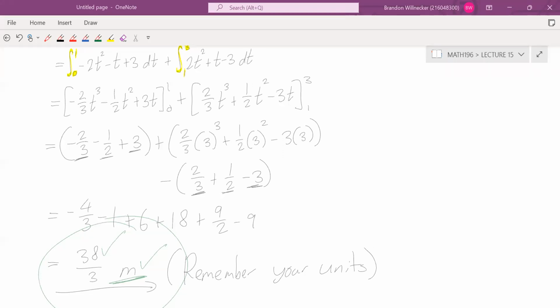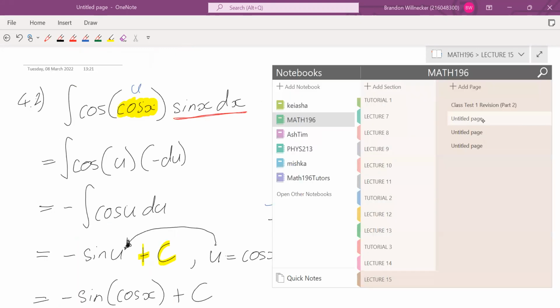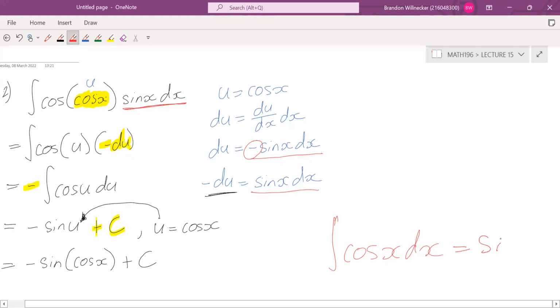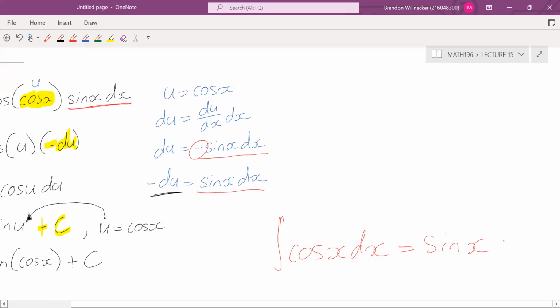Got a question here. Question 4.2, there are 2 negative signs. Let's just find that, 4.2. Where's 2 negative signs? Okay, so we've got 1 negative sign here. That's from this minus du. And then remember that the integral of cos x dx is sine x plus c.